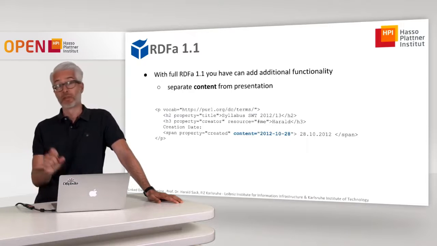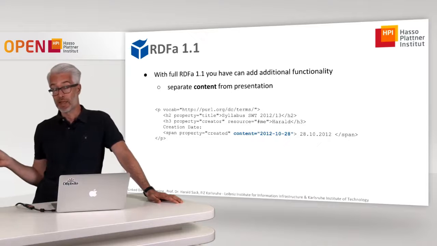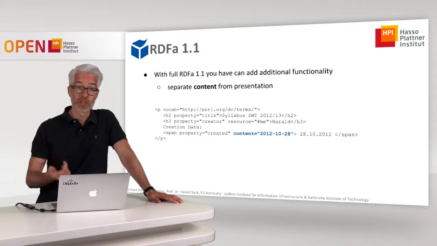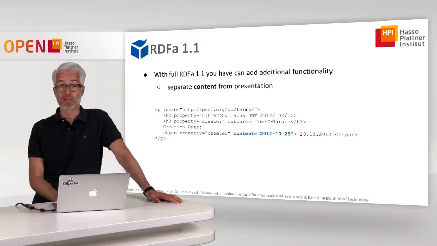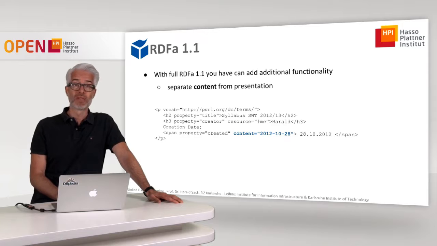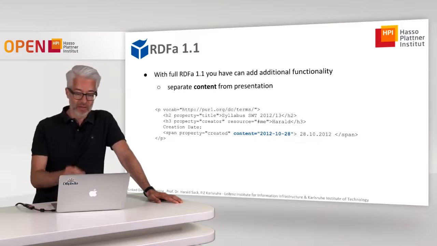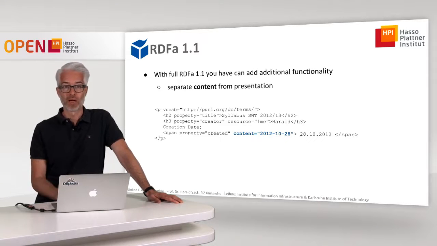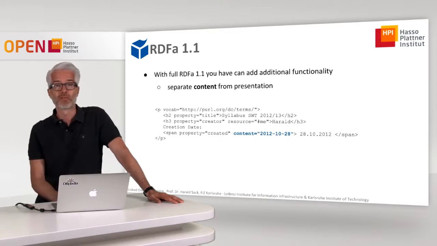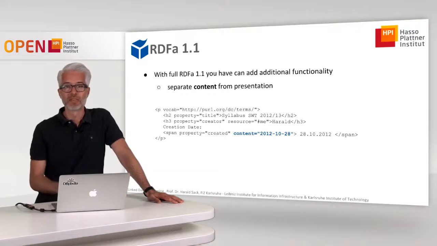Sometimes the content that is displayed in the HTML file should be different from the content that is read by the machine if the RDF data is extracted. For example, if you are dealing with a date, you may want to give the date another format than the traditional or fixed format. So here I define, for example, a property created. The property created denotes simply that this part of the document has been created at a specific time.